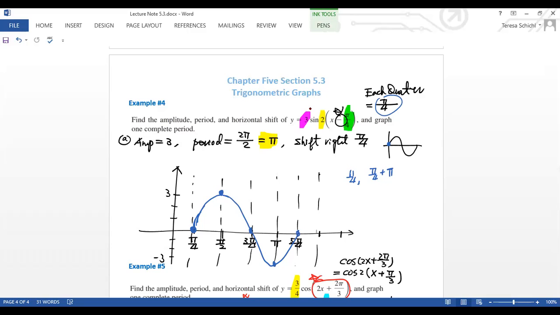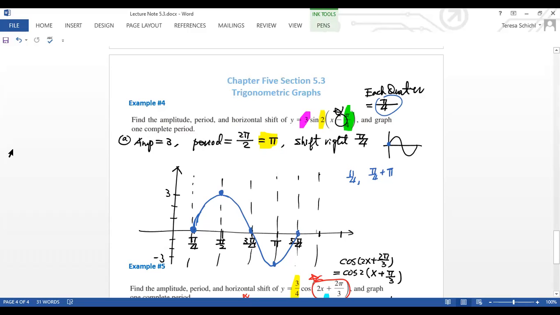If you multiply by a constant, it's called a horizontal shrink or stretch, or some people call it compress. Then we also have a shift to the right or to the left. Then the up and down shift is pretty simple: you just add a constant. So it's back to what we learned before. We just applied that to the trig functions.